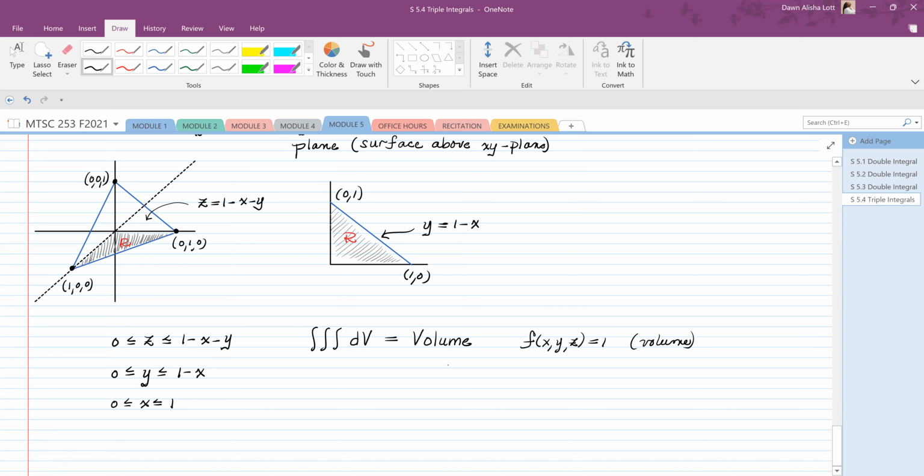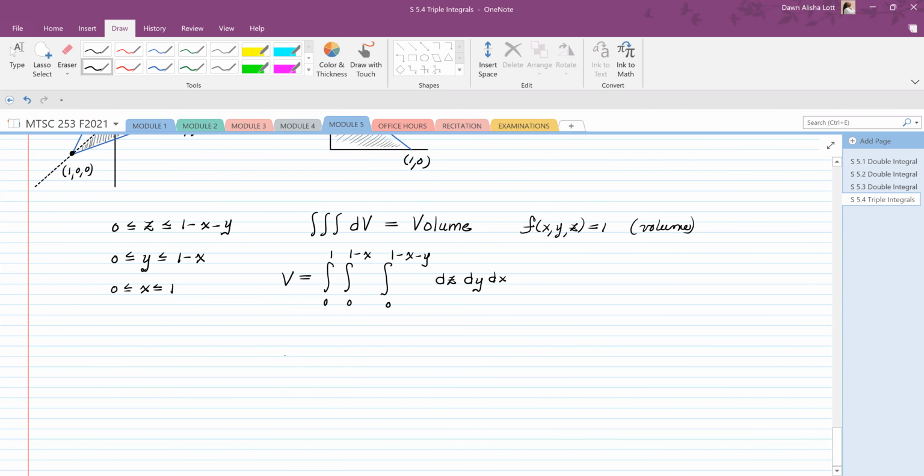So therefore, I'm going to get the volume. It's going to be the integral from 0 to 1, the integral from 0 to 1 minus x, and the integral from 0 to 1 minus x minus y, dz, dy, dx.